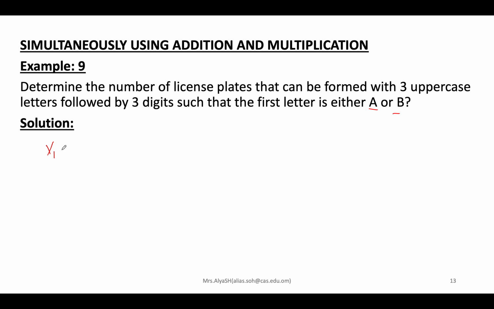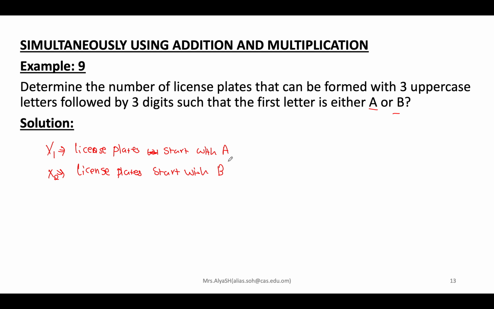Now we have license plates that start with A, and we call this set X1, and license plates that start with B, which is X2.